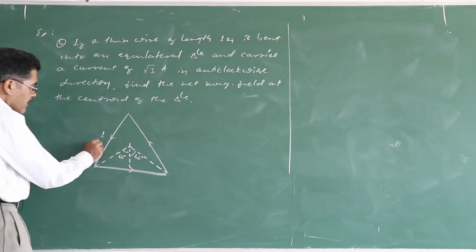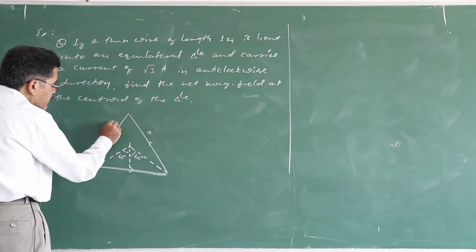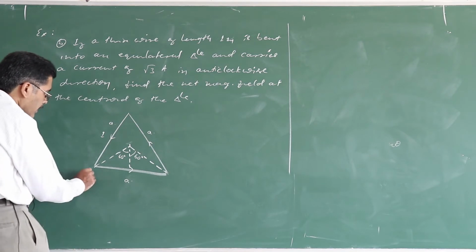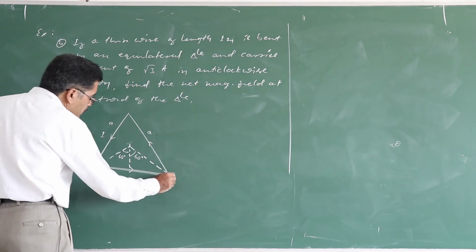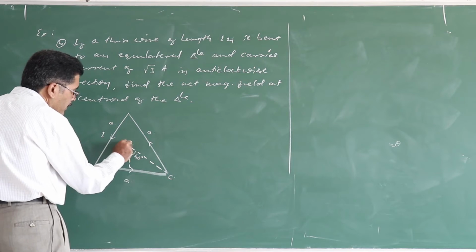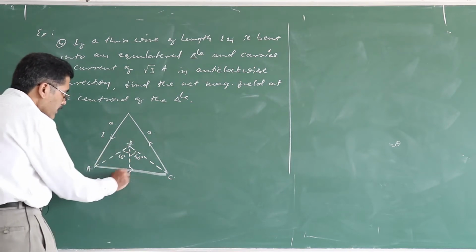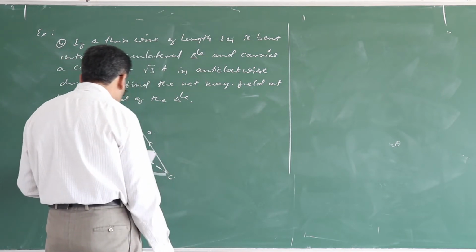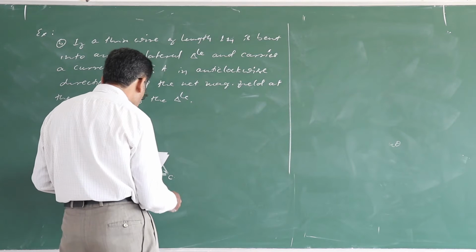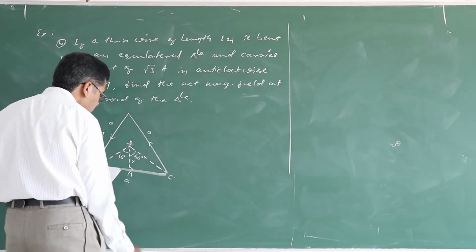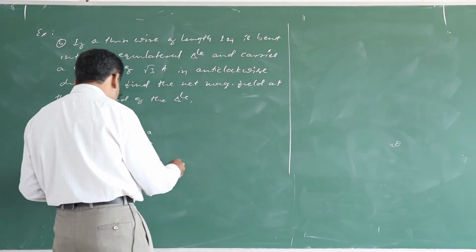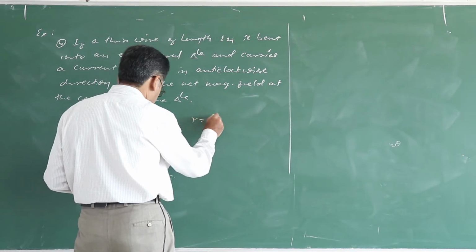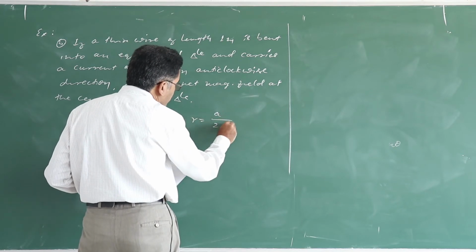And let the side be A. If I take this as ACD, DM. See what is the value of DM? See here, I take this distance as R. Here R is equal to A by 2 root 3.